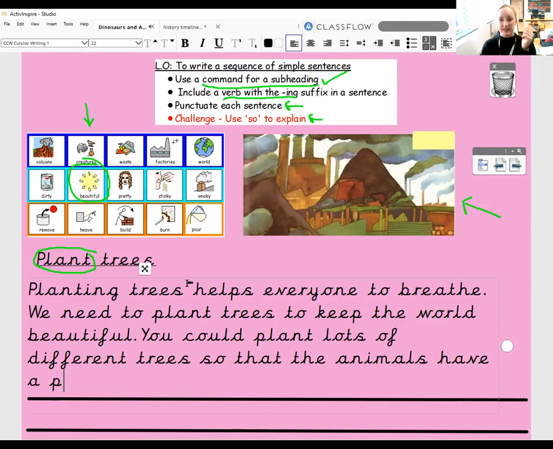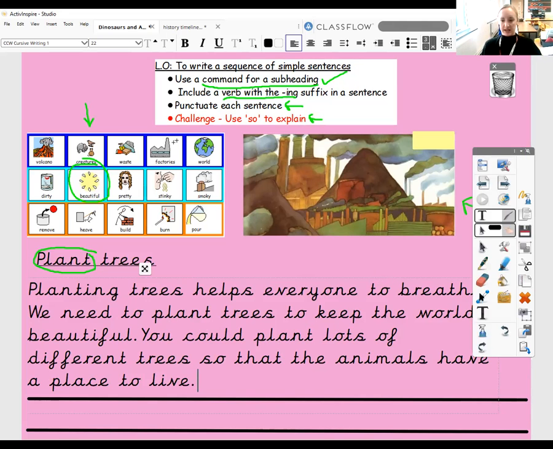Wait a minute, place. It's weird when this one's split digraph and it makes my k turn into a soft sound. Animal, a place to live.